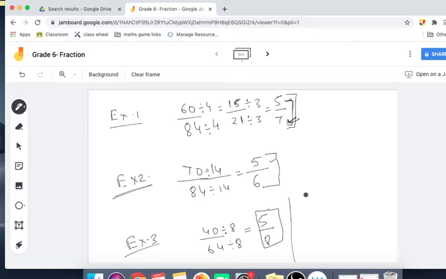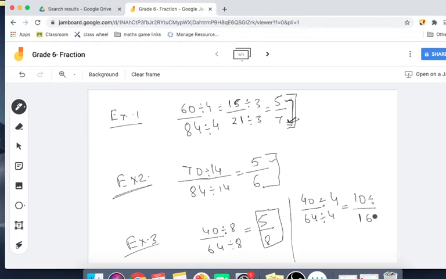If you try the same number, 40 by 64, and divide it by 4, you will get 10 by 16. 4 tens are 40 and 4 sixteens are 64.